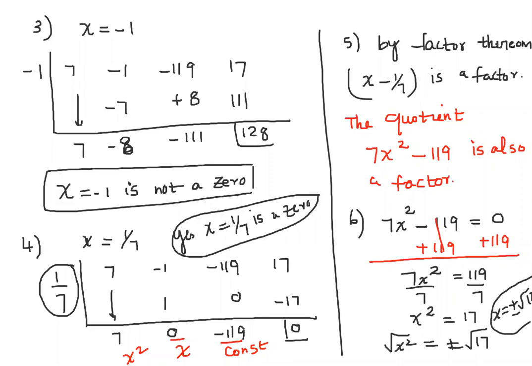So the zeros are 1/7. So I'm going to write on the top the answer. The zeros are 1/7, square root of 7, and minus square root of 7. So this is our final answer.